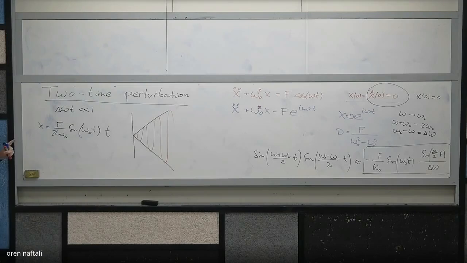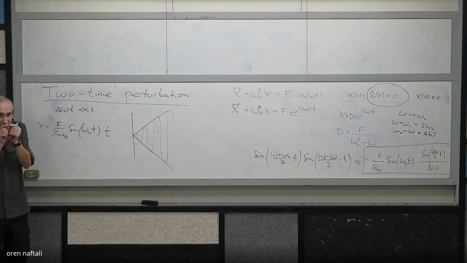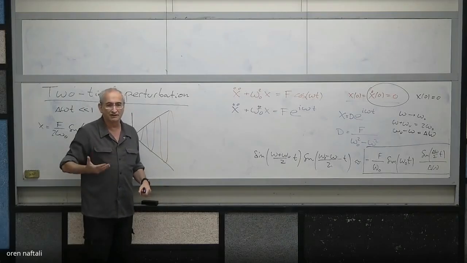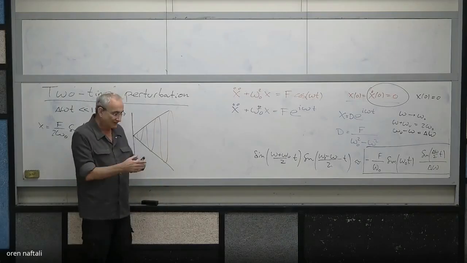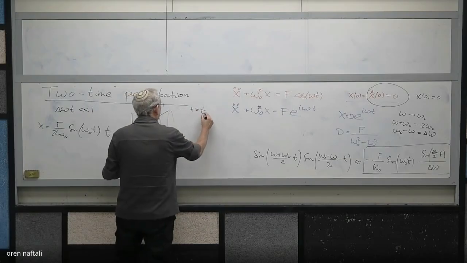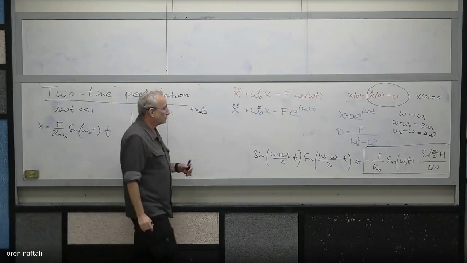Remember that if delta omega is perfectly 0, this condition is always fulfilled. But once I have even a tiny difference in delta omega, if delta omega is epsilon, then this solution will be valid until t is 1 over epsilon. And when t is larger than 1 over delta omega, then I should use this solution.